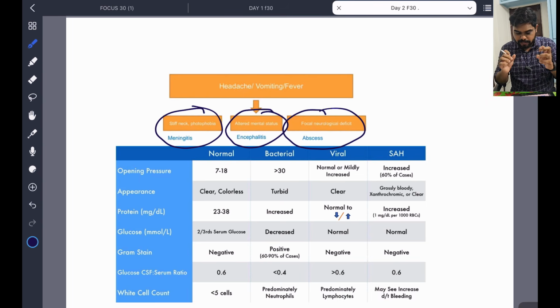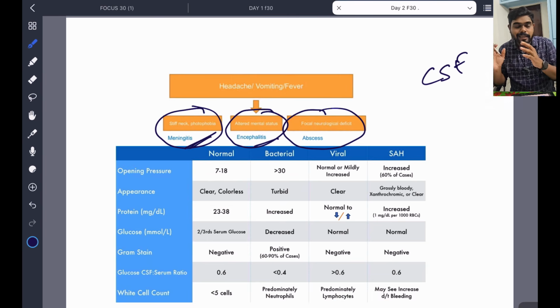According to the clinical features, we can tell maybe it is meningitis, encephalitis, or an abscess. So how can we tell? Any focal neurological deficit means abscess, stiff neck and photophobia are features of meningitis, and altered mental status suggests encephalitis. Just briefly.